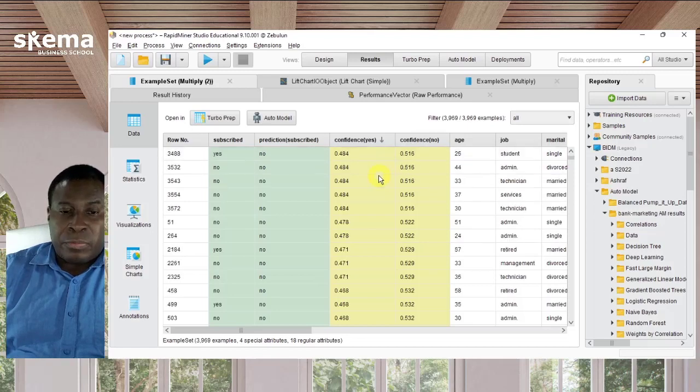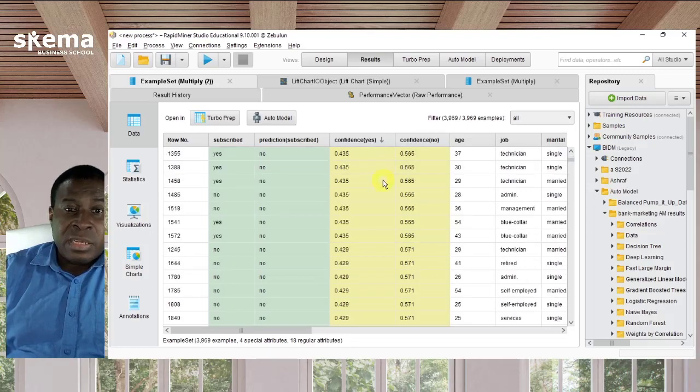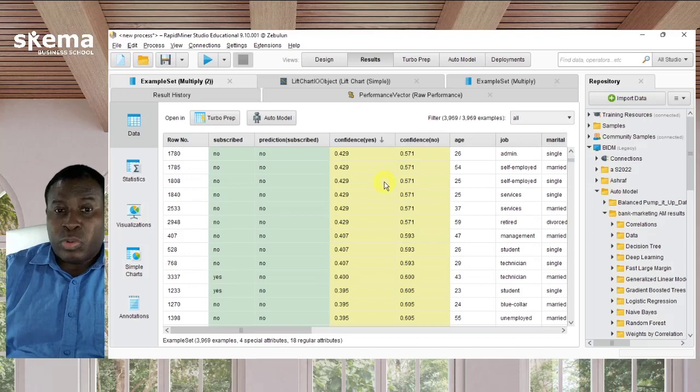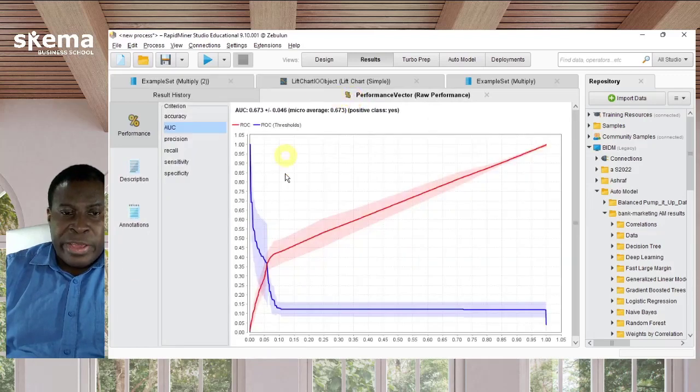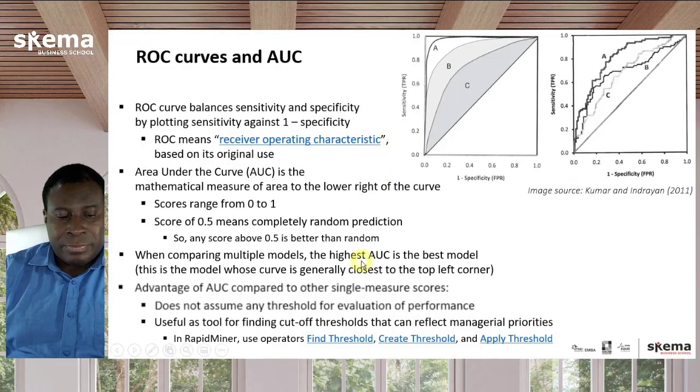If the cutoff were set lower, then numbers such as recall and so on would have performed much better. So the AUC is a much more useful holistic measure of the overall performance of the model that does not depend on the cutoff being 0.5 or 0.3 or whatever cutoff it is. And that's its managerial value.